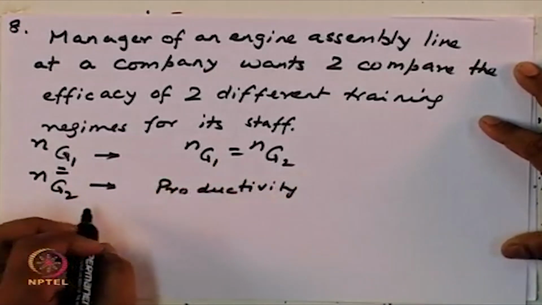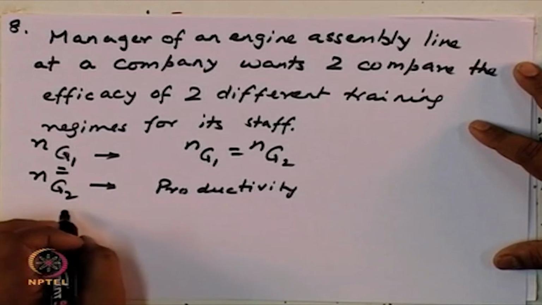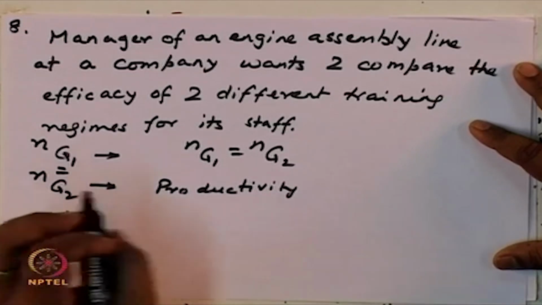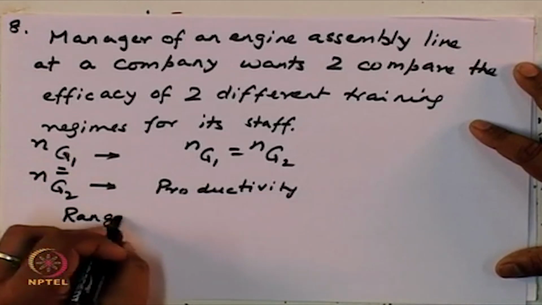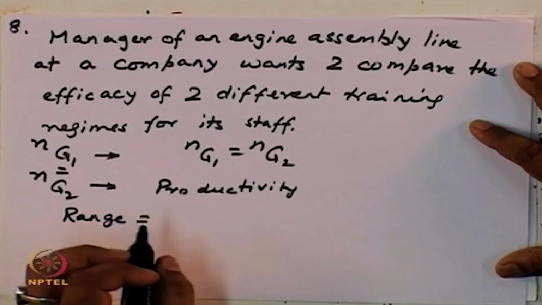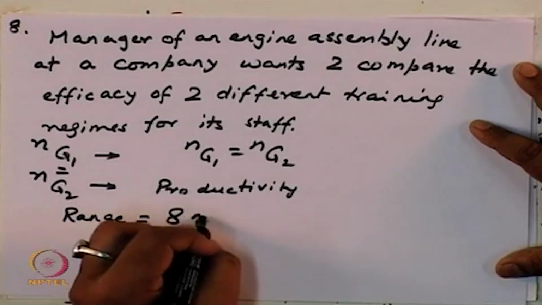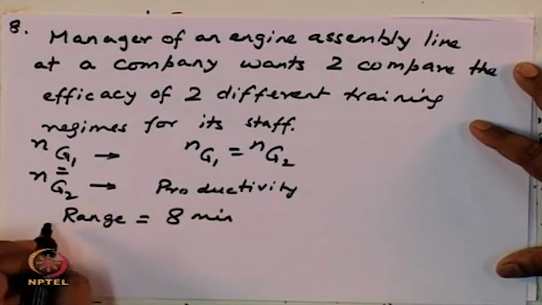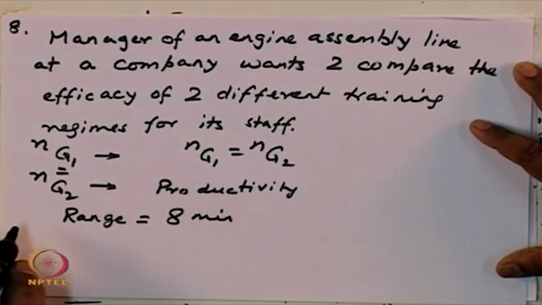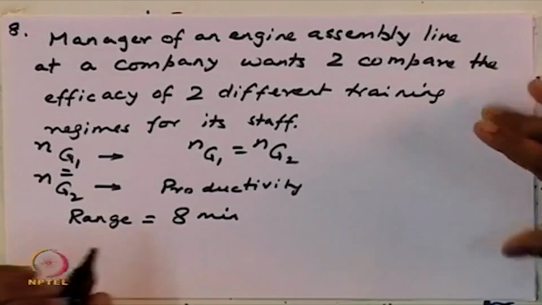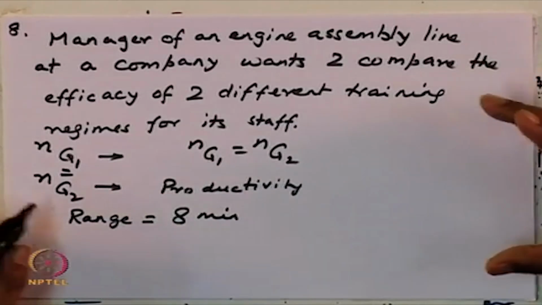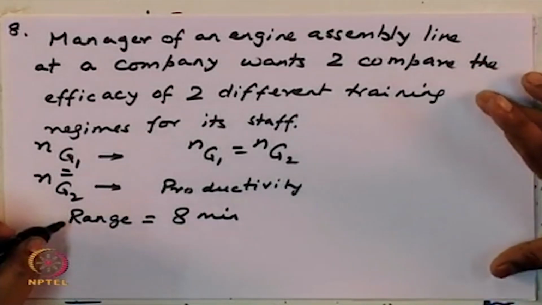And the productivity, what you are given is the difference, so the estimate. Both these groups, if you are given the range of productivity for both these groups, it is roughly 8 minutes, which means between the minimum and the maximum time to perform a task, it takes 8 minutes.